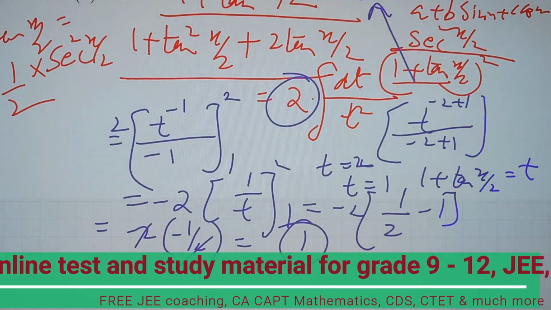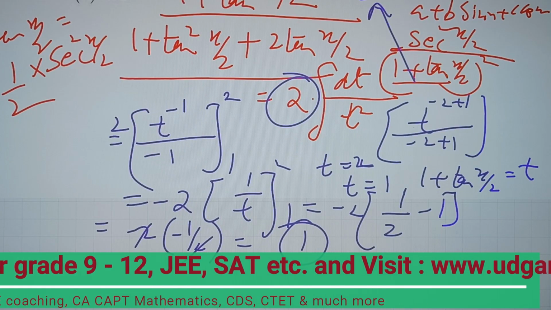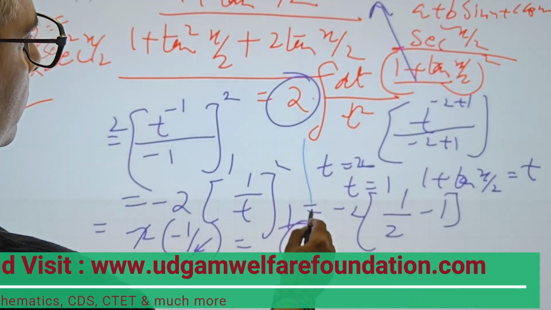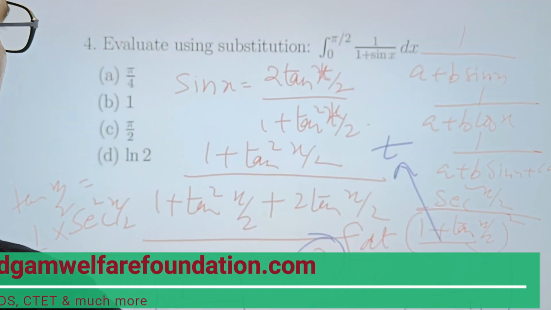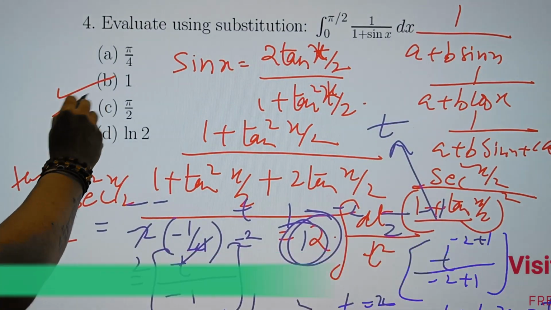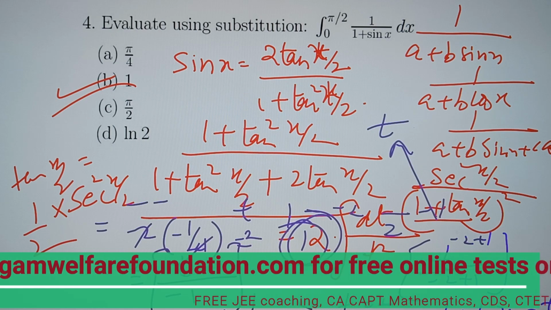So your answer is 1 here. Very simple. So let's check whether we are getting any option correct or not. So here we have option number B, which is the correct answer. Very simple. I hope the concept is clear.